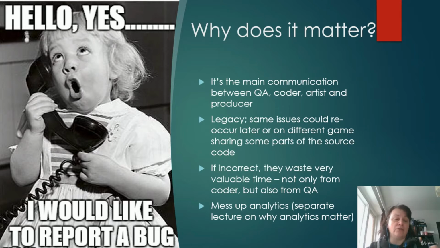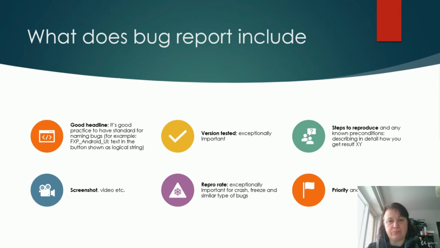So we are looking into how mature the software is, and if the bugs are not reported correctly, you're going to have a wrong idea of where the software actually is. So these are just some of the reasons why it's really important to have good bug reports that are done in a way that follows specific rules and that can be easily understood by not only QA and a coder, but a wider range of people.